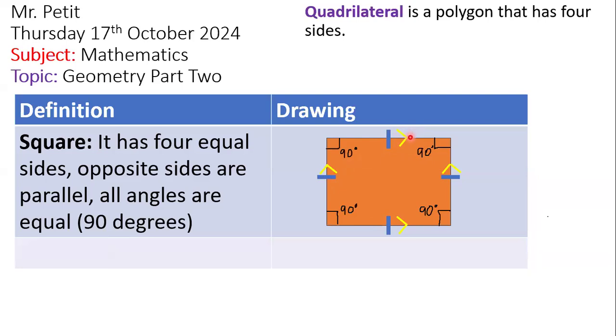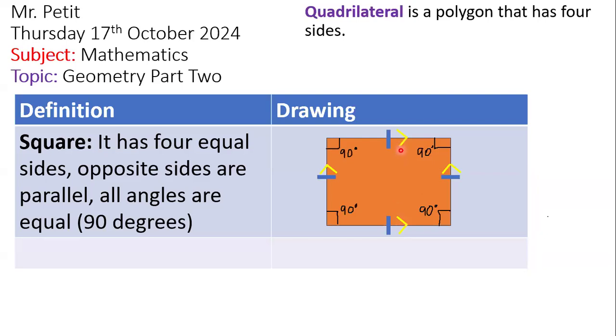But this arrow means that these 2 lines are what? Parallel, right? But if I have the same arrow for this, it's kind of saying that all the sides are parallel, but that's not true. Only opposite sides are parallel.